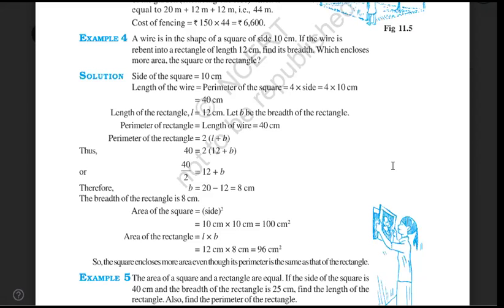See, in this mensuration or perimeter and area, there are only two concepts. First concept, let's understand the problem, because formula you know already. Second is calculation. If you understand the problem and if you are using the correct formula and doing correct calculation, this is the easiest chapter.